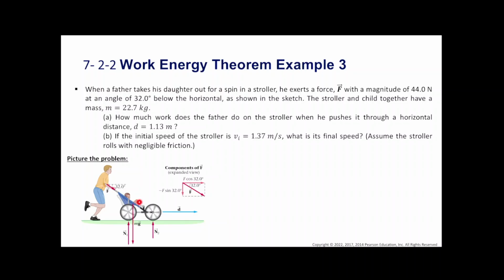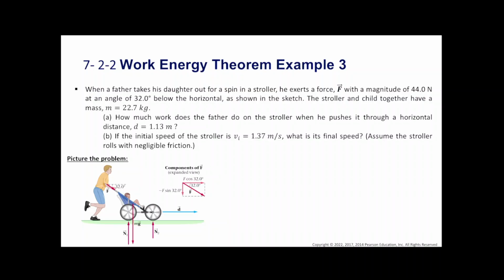We are asked to find the work the father does on the stroller when he pushes it through a horizontal distance d of 1.13 meters. The initial speed of the stroller is given, and we are asked to find the final speed, neglecting friction.